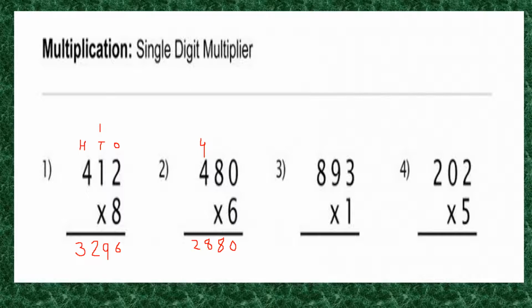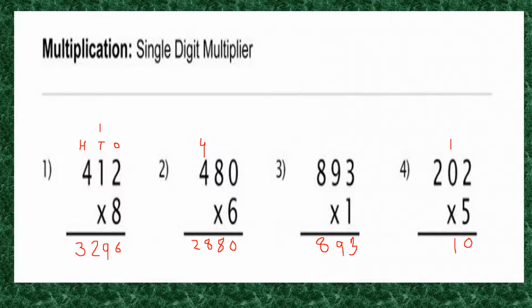Okay, so 1 3s are 3, 1 9s are 9 and 1 8s are 8. Okay, so 893 multiplied by 1 will give you 893. Then, children, see the fourth question. 202 multiplied by 5. Now start multiplying from the one side. 5 2s are 10. You directly write 10 because here you can see 0 is there.